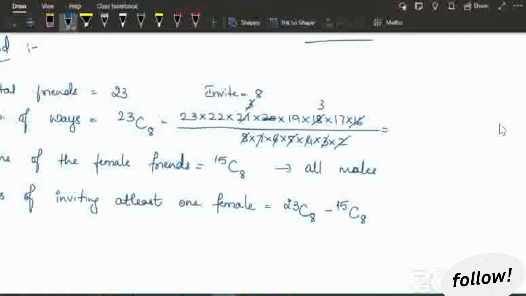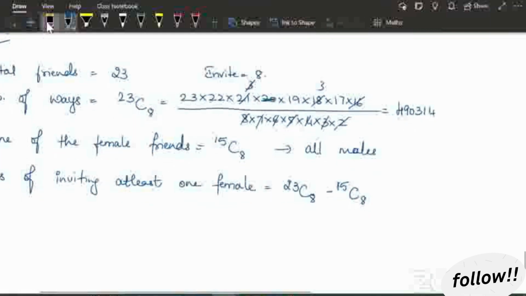I'll take 19 and then I have 3 and then 17, which is 490314. I don't think you will have to find this big number, not necessary.